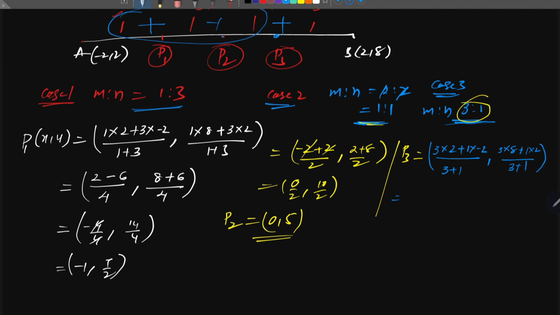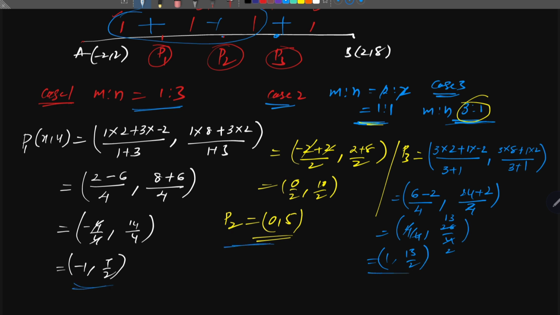Okay, then the simplification: 2 threes are 6, minus 2 divided by 4, comma, 3 eights are 24 plus 2 divided by 4. Okay, then 6 minus 2 is 4, 4 by 4, comma, so 26 by 4. Okay, this 4 cancels, 1 comma, 2 times 2 cancel, 13 by 2, therefore 1 comma 13 by 2. So now these are the 3 different points.